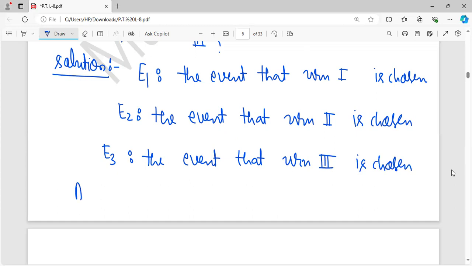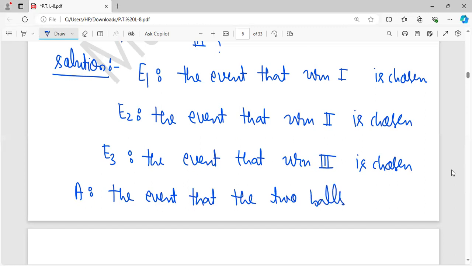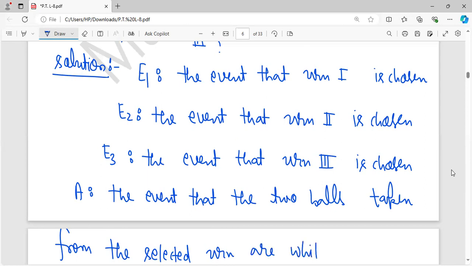And A is the event that the two balls taken from the selected urn are white and red.